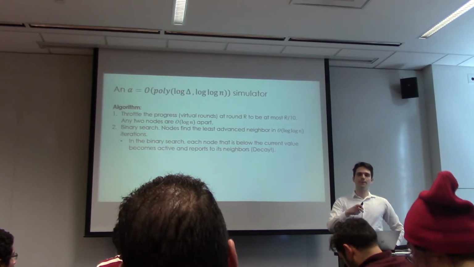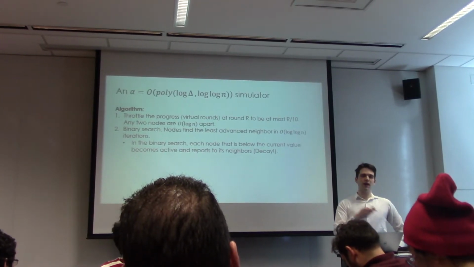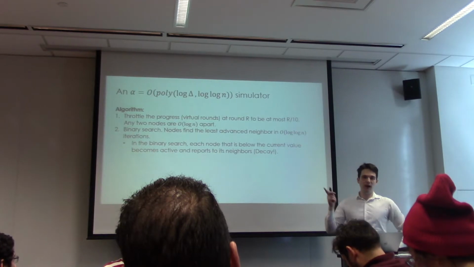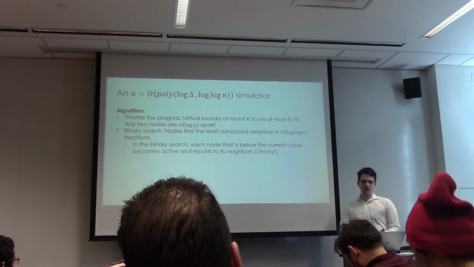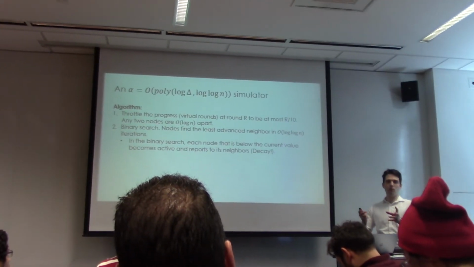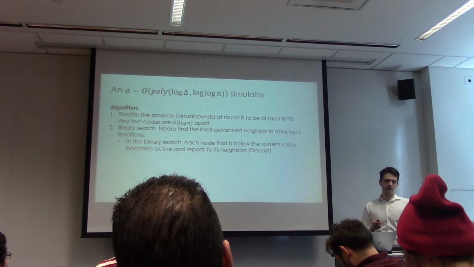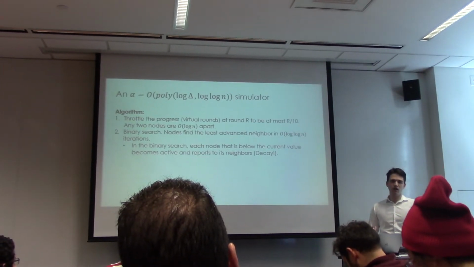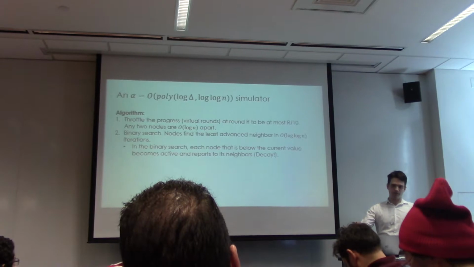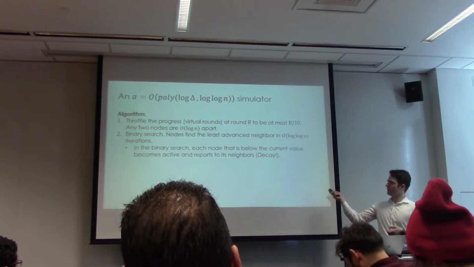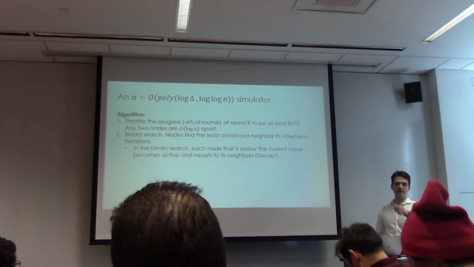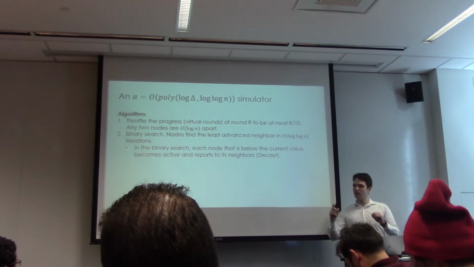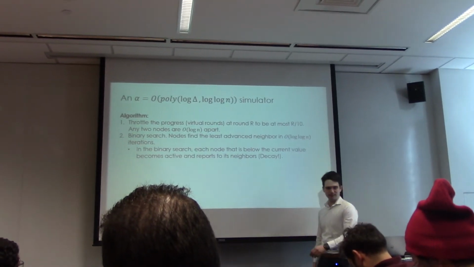Oh no. Just in your neighborhood. You don't need any of it. Binary search is the method that you use to learn the least advanced node in your neighborhood. You do not know it, you will invoke binary search, and you will use it with decay in order to find the least advanced round in your neighborhood.